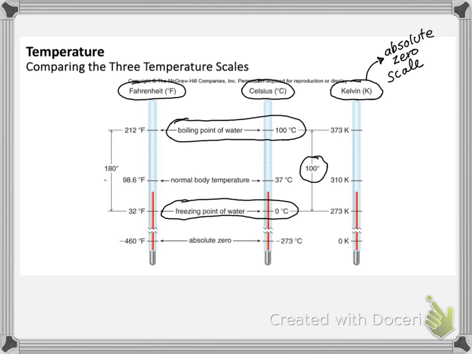Whereas in Fahrenheit, if you measure the freezing point and boiling point of water on that scale, you get 180 degrees, which tells me that the Fahrenheit degrees are smaller than the Celsius and Kelvin degrees. So we have lots of numbers there, but let's look at the mathematical relationship between these different scales.